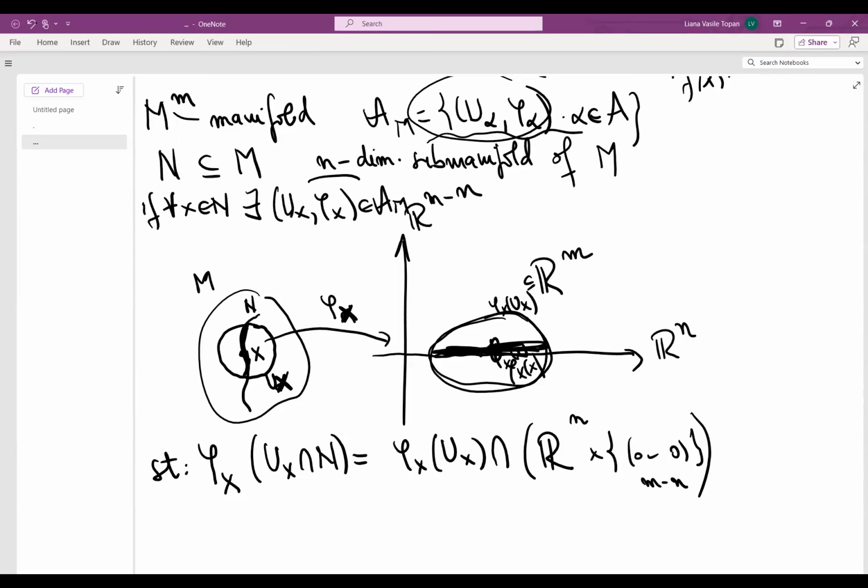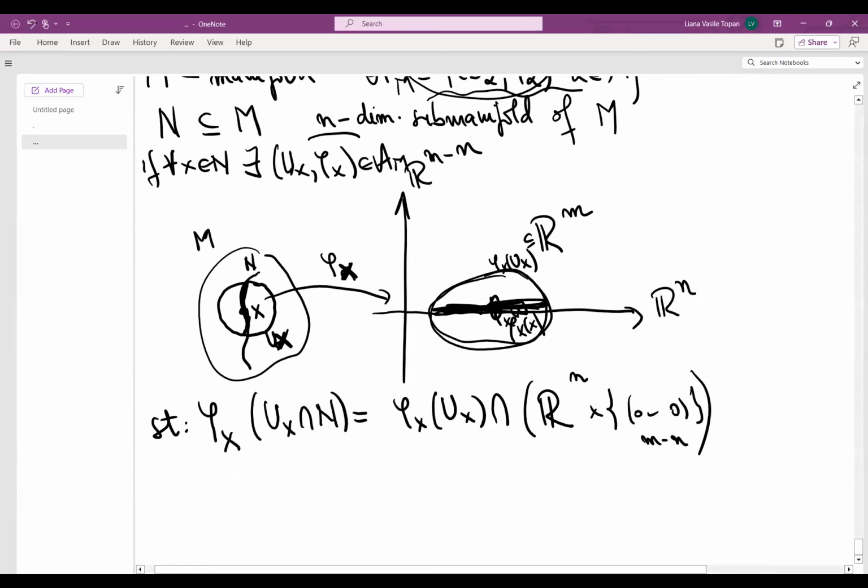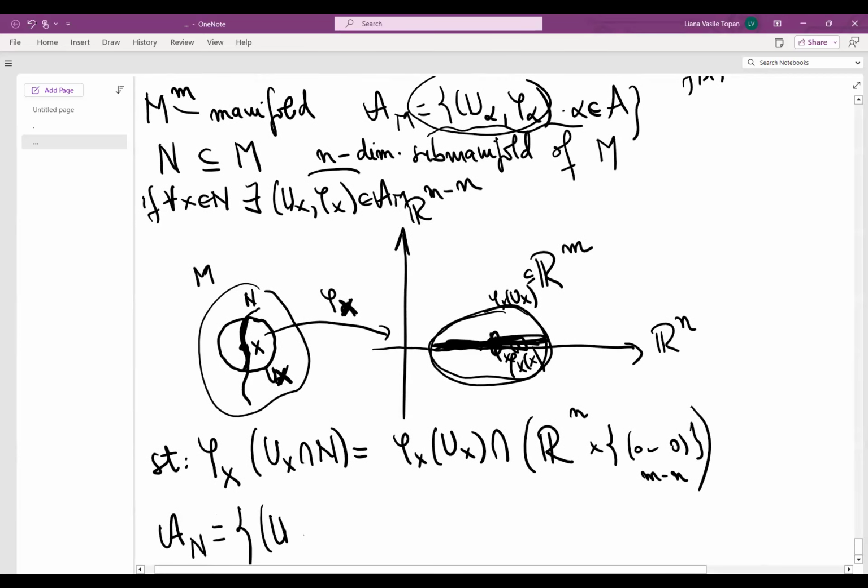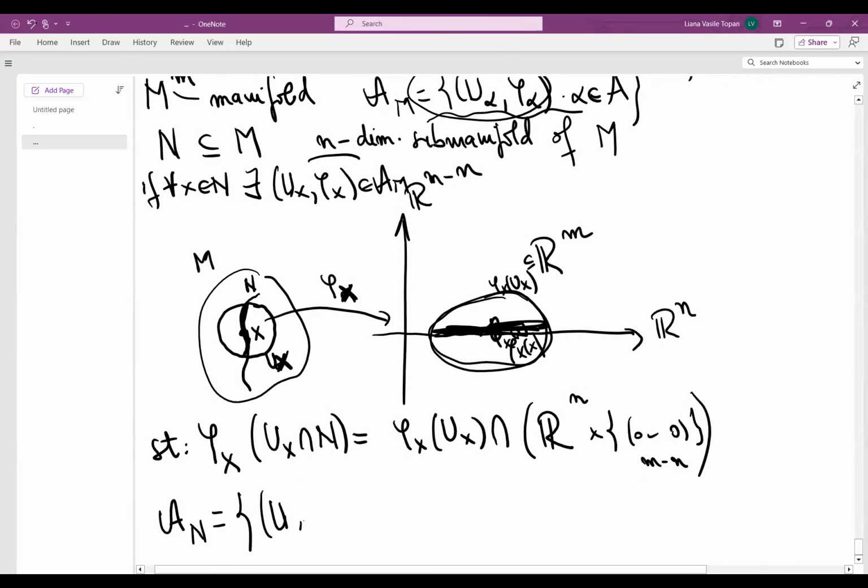Okay, now it can be seen that N is a topological space itself, it is Hausdorff, it has a countable basis, and then it will be a smooth manifold with the atlas induced from M. So you simply take all the intersections between U alpha and N, U alpha being the domains.